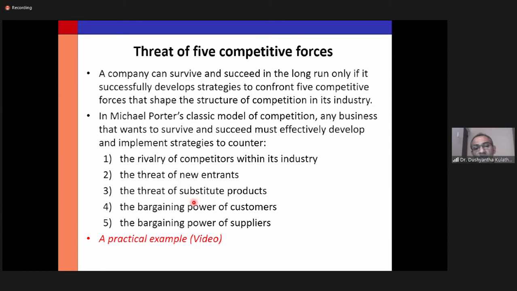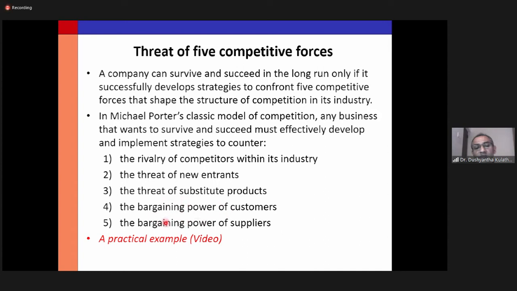So the customer's bargaining power can depend upon different conditions. One is, of course, the visibility or transparency of the price.